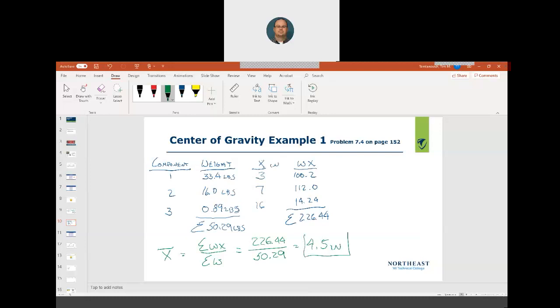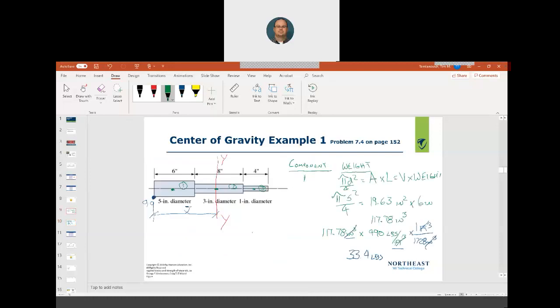So that is telling me I can put my finger at 4.5 inches from 0, 0. So let's do that in red.